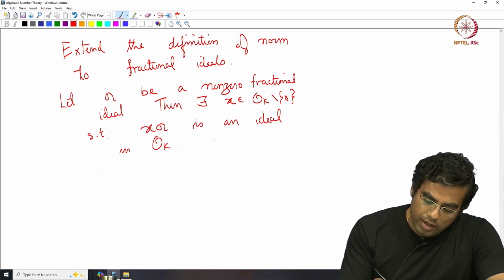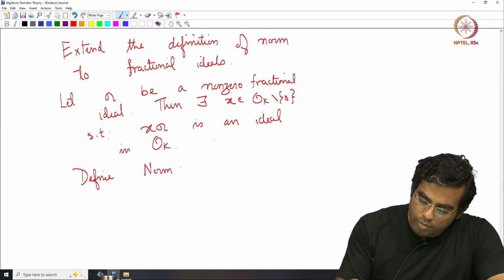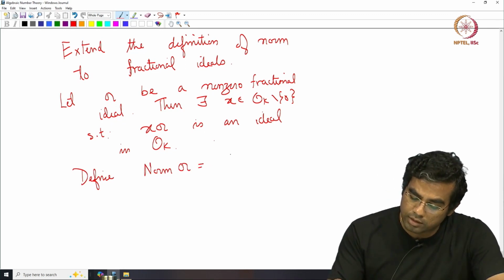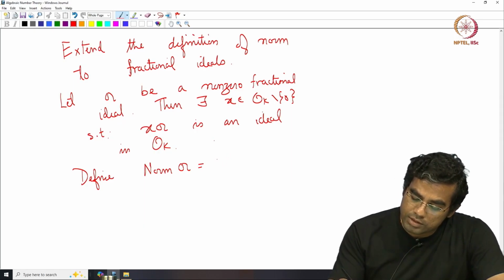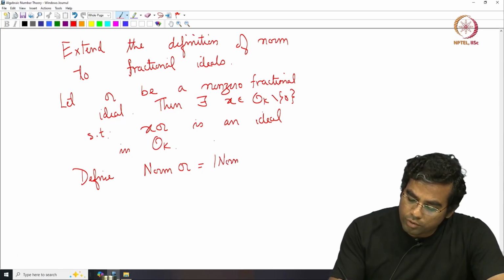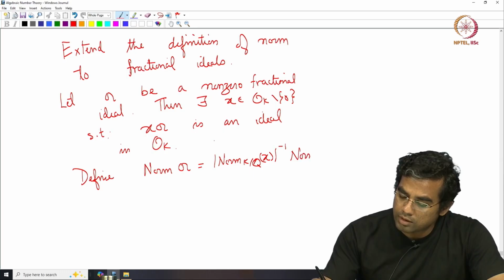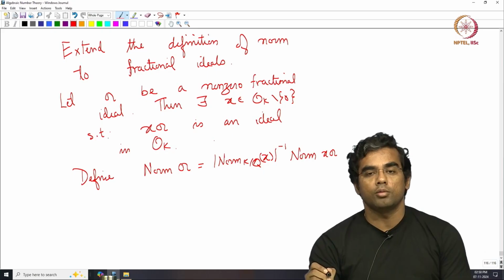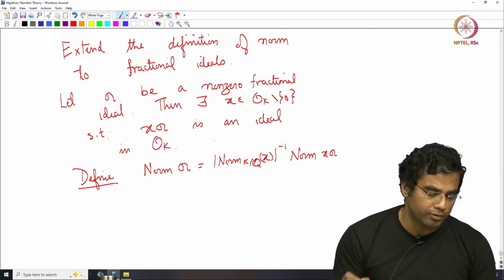So, I can define the norm of A, where A is a fractional ideal. This was not defined earlier unless A is an ideal. So, what I do is I define this to be the mod of the norm k over q of x, but now I take its inverse, and then I take the norm of xA, which is an ideal. So, xA is an ideal, so the norm of xA is defined now. That is my definition of the norm of a fractional ideal.